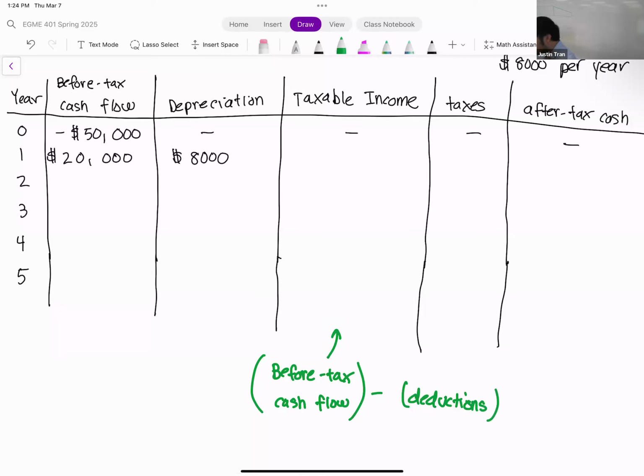The deductions can include ordinary and necessary expenditures and depreciation. In this problem, I didn't give you any ordinary or necessary expenditures, but they can exist, right? So the only deduction that we're considering in this problem is just the depreciation. And so if we do $20,000 minus the $8,000 of depreciation, our taxable income in this case is $12,000.